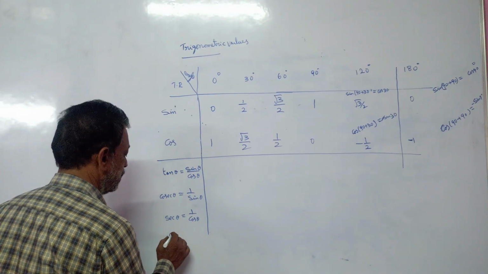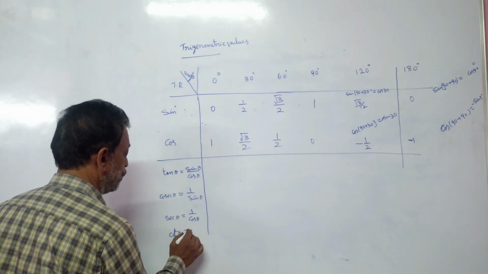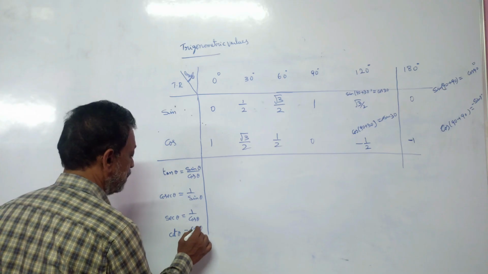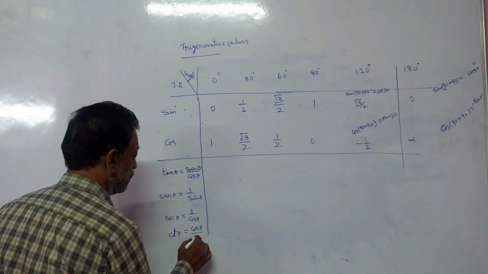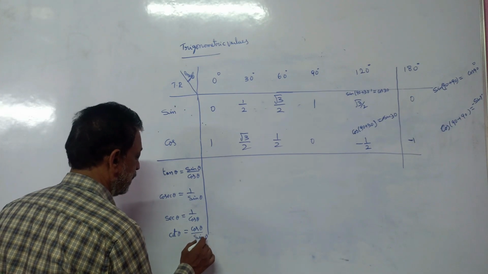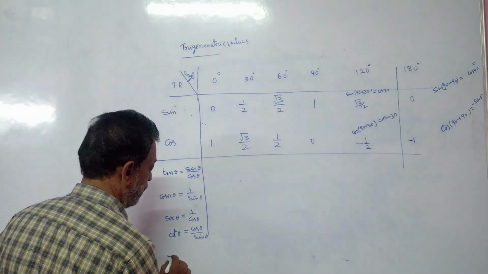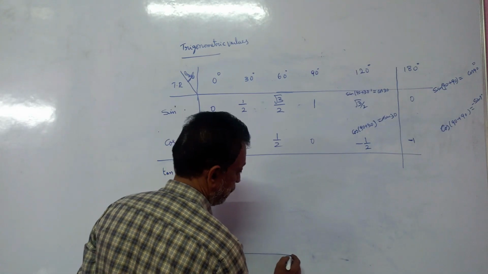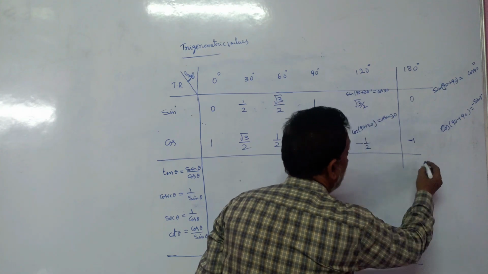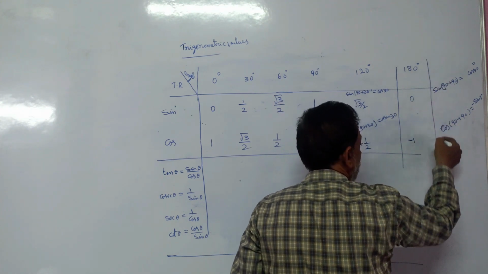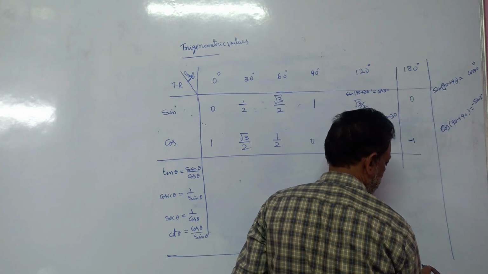Cot theta is equal to cos by sin, or 1 by tan. Substitute and simplify to get all the values. Please complete this yourself, all of you.